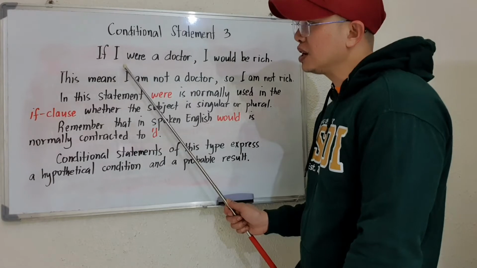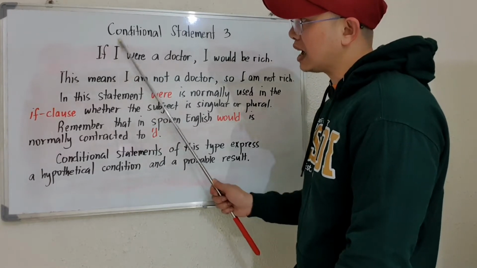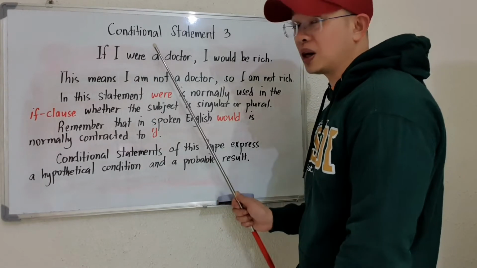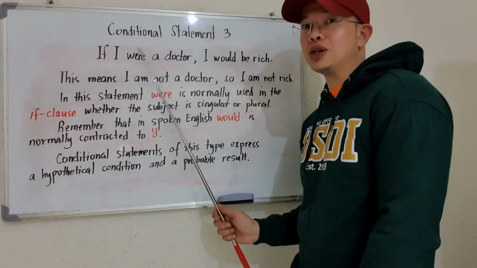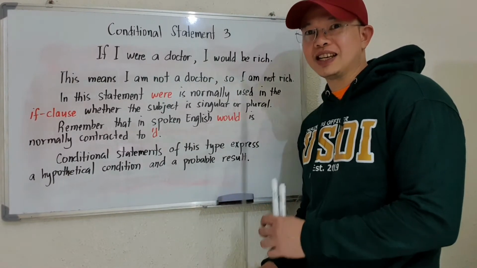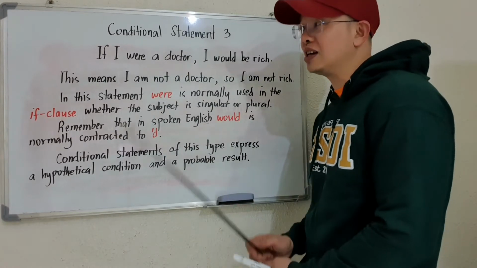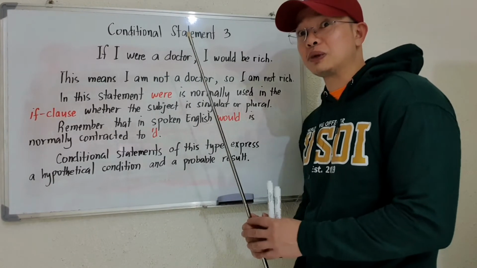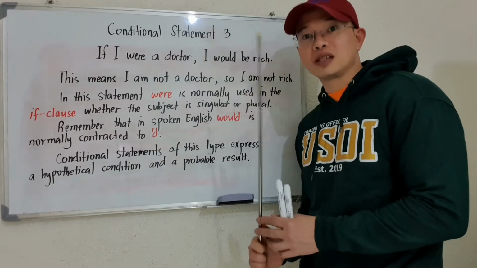So even if the subject here is I, we still use were because that is the rule. So it actually violates the subject-verb agreement.